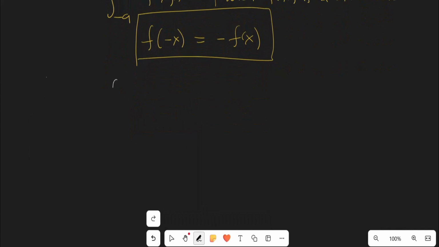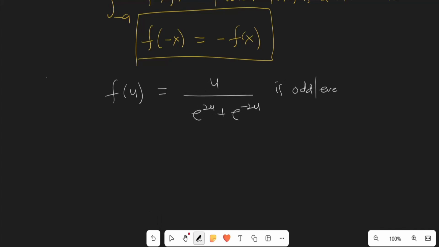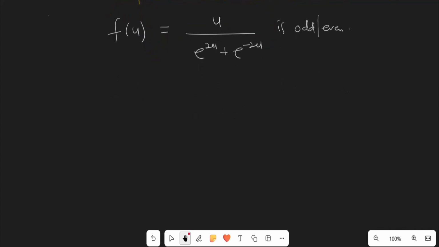So we want to establish that the function f of u, which is u over e to the 2u plus e to the negative 2u, is odd or even. Let's find out. It can only be an odd function if f of negative u is equal to negative f of u.